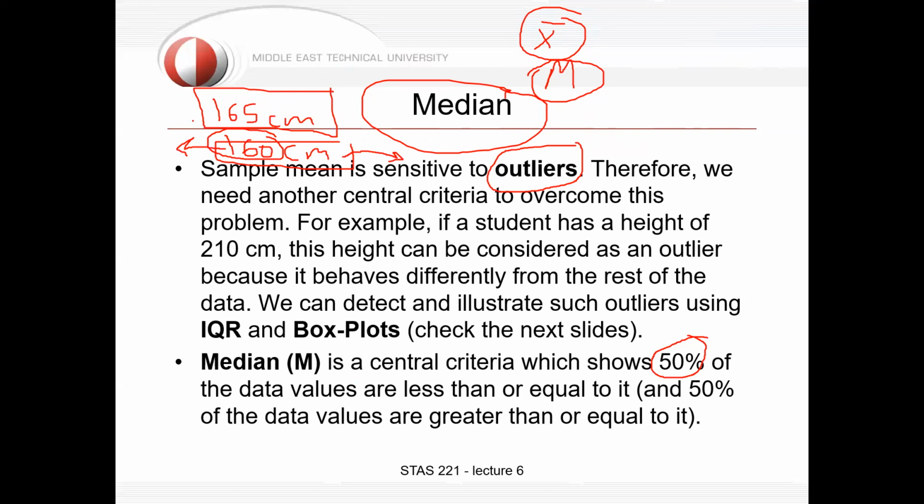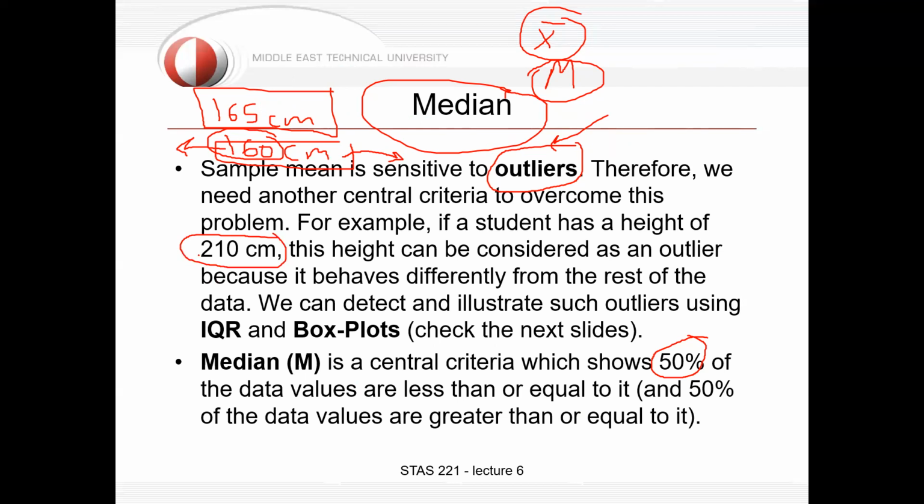So when you have information like this, like 160 centimeters for median and 165 for the mean, then you understand most probably in this class we have some tall students who could be considered as outliers. Sometimes even one student could have such effect on your mean. Like one student is very tall, like 210 centimeters.